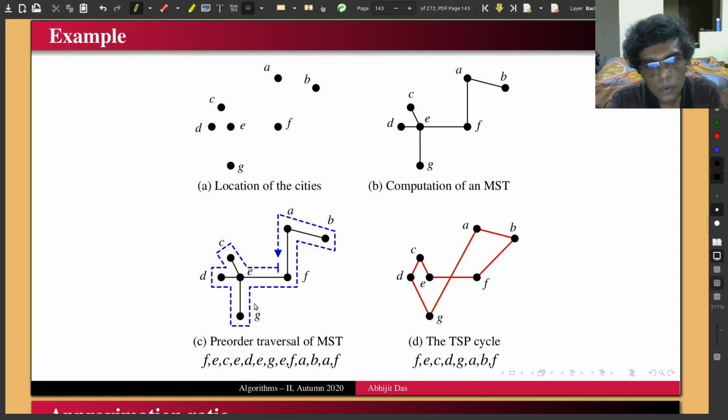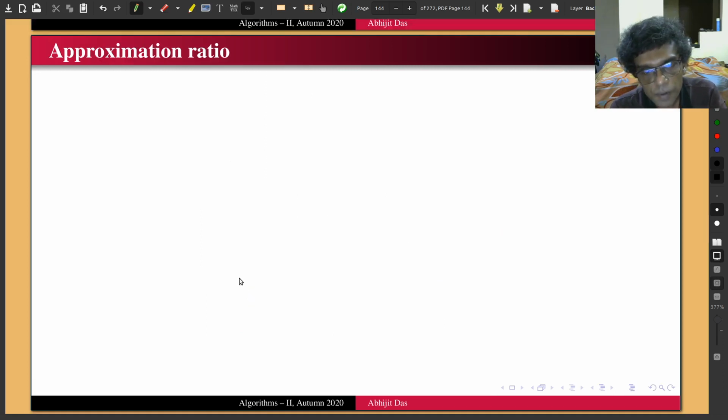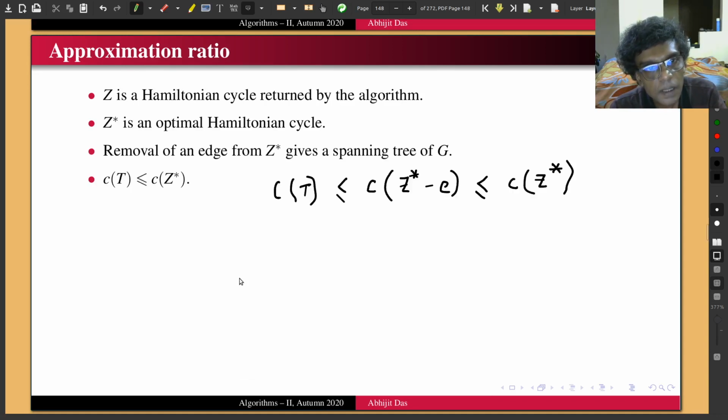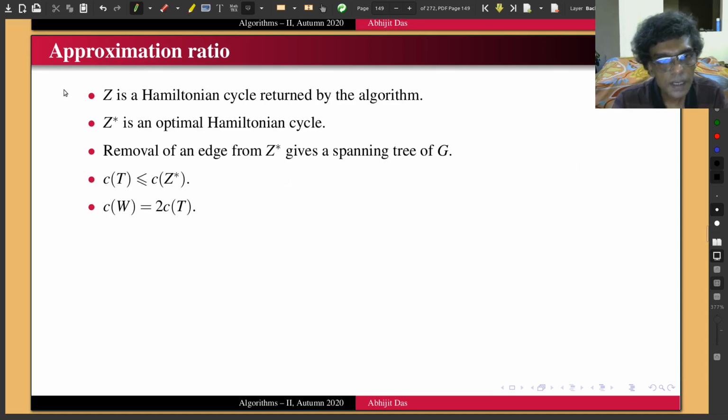So the initial walk has total cost which is twice the cost of the edges of the tree, because each edge of the tree is traversed twice, once for going down, another time for going up.